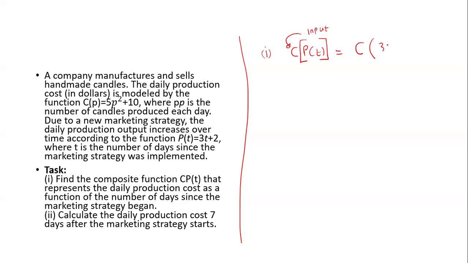P of T is the same as 3T plus 2. Now, in the function of C, wherever there is P, I'm going to put 3T plus 2. So my function was 5P squared plus 10, and where there is P, I put 3T plus 2, squared, then plus 10.